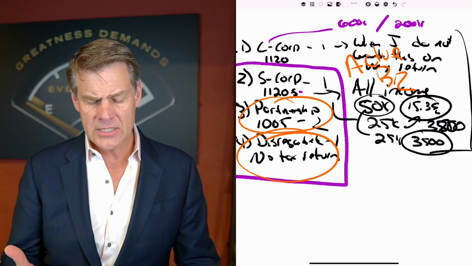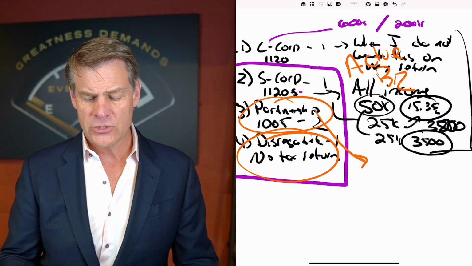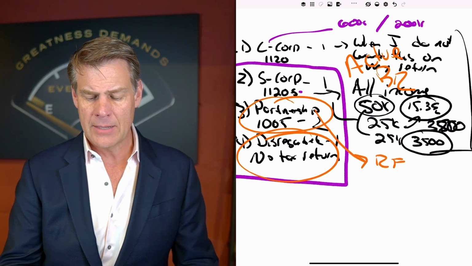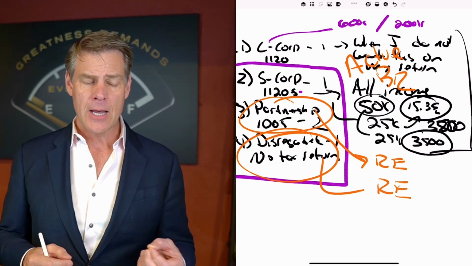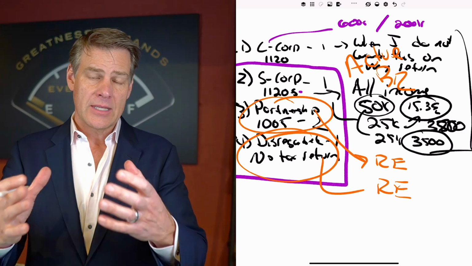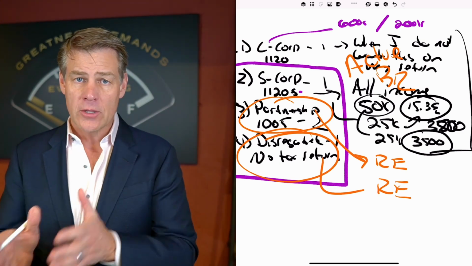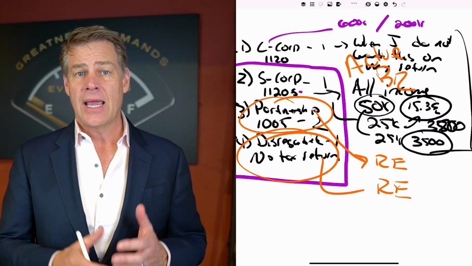In this case, if I had rental real estate, that would be the perfect example of a partnership or a disregarded structure. We're going to structure those entities when we set them up so that they're still flow through, because we want all the benefits of owning that asset and the depreciation.